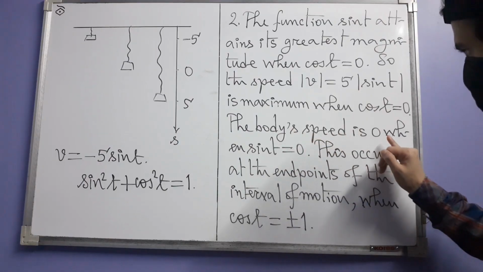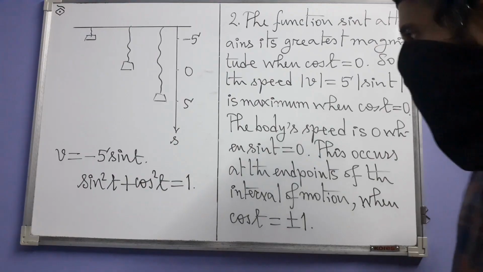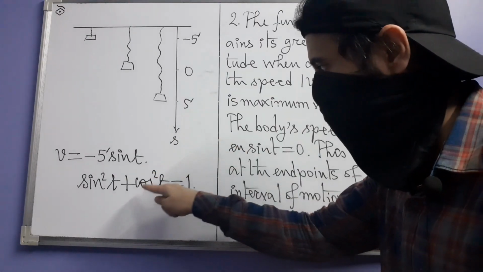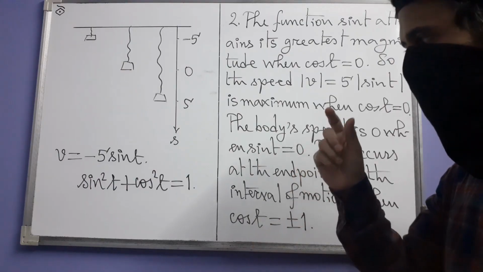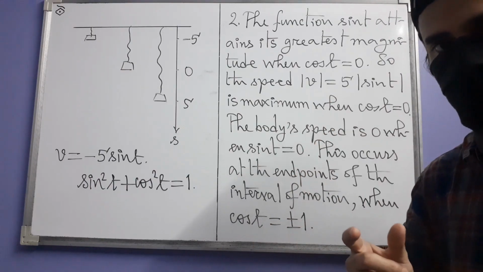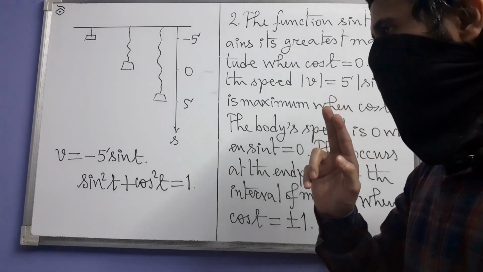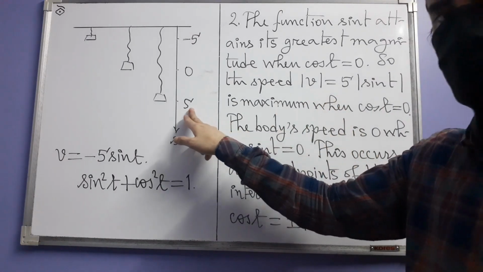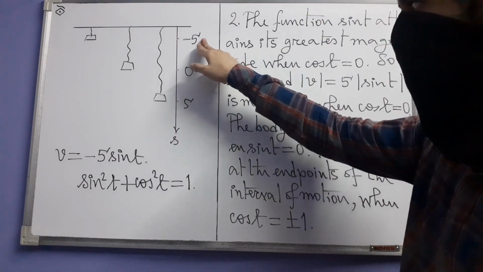The body's speed is 0 when sin t is 0 obviously, but sin t is 0 precisely when cos t has maximum magnitude, that is either cos t is plus 1 or cos t is minus 1. When cos t is plus 1, the position that the body assumes is 5, and when cos t is minus 1, it is minus 5.